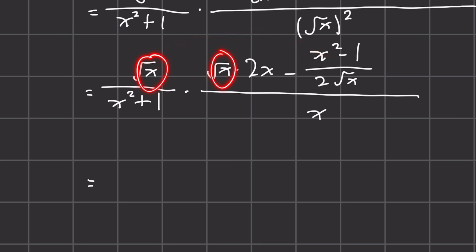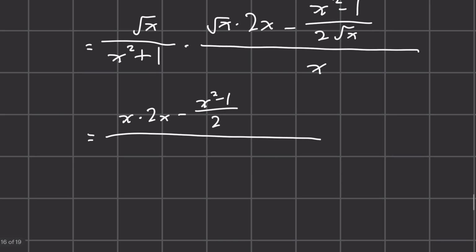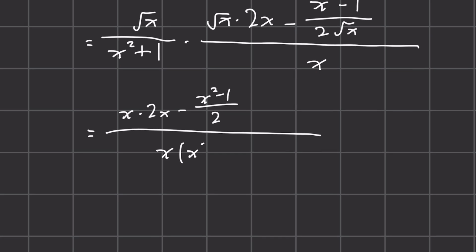And so these two roots will just cancel out, and this square root will also cancel with this square root of x. So let me just write the big fraction here, and we'll get x times 2x minus x squared minus 1 all over 2. And here I'll just leave it as x times x squared plus 1.